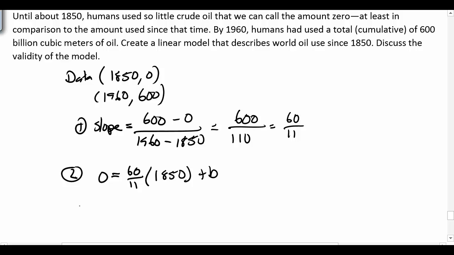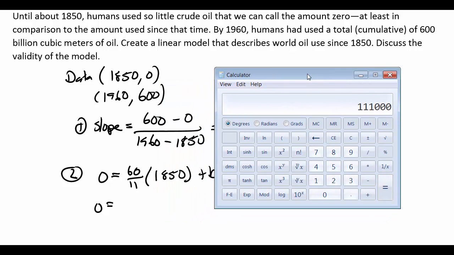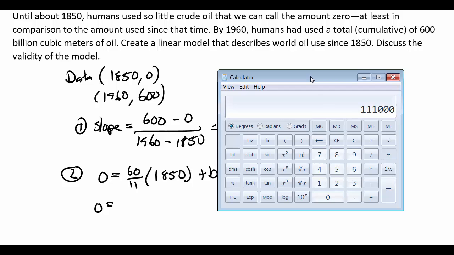I need 60 times 1850, which is 111,000. Let me try dividing that by 11. It's not even, but that's okay.